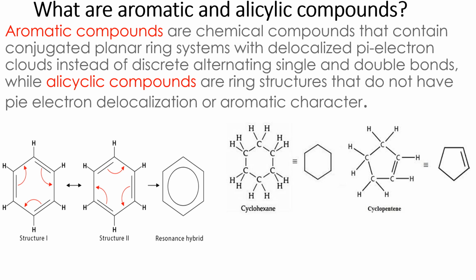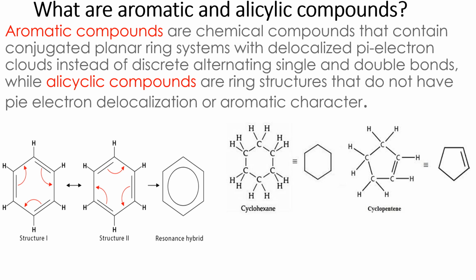So what are alicyclic compounds? Alicyclic compounds are also ring structures, but they do not have pi electron delocalization or aromatic character. For example, cyclohexane is a cyclic alkane. So you can say that alicyclic compounds are cycloalkanes, cyclopentene, cycloalkenes, cycloalkynes.